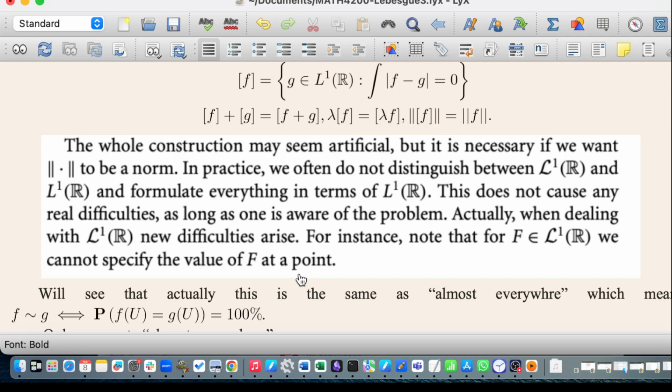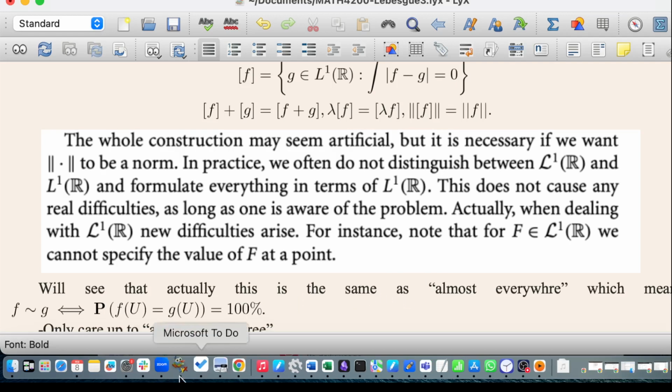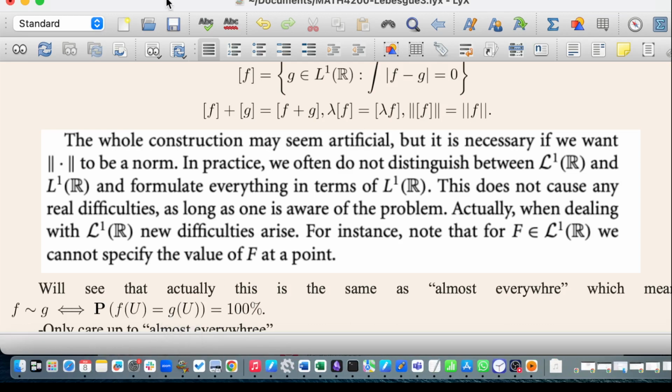Now we have built up all the tools of the Lebesgue integral, and we can start to talk about convergence in L1. We can talk about convergence in norm, and we're also going to see this almost everywhere idea. This is me putting on my probability hat. Let me write down what this says.